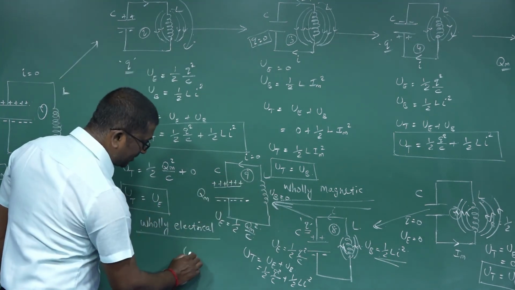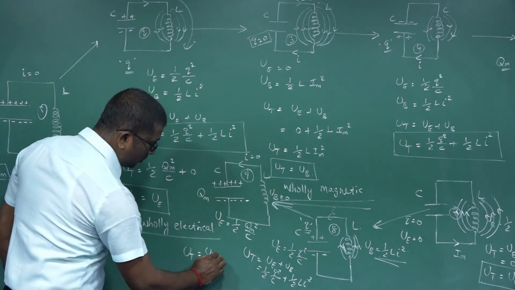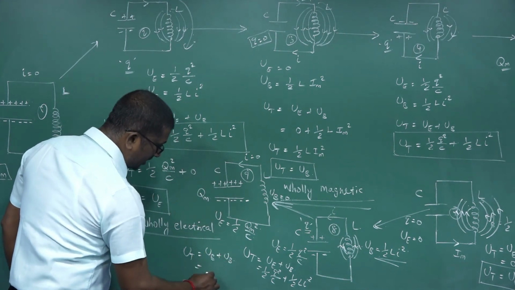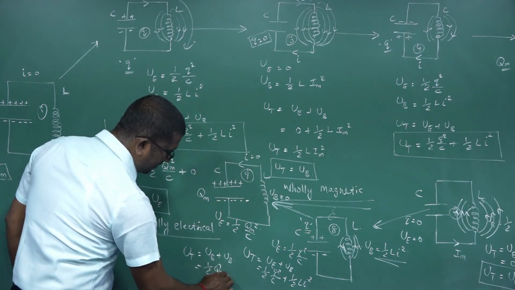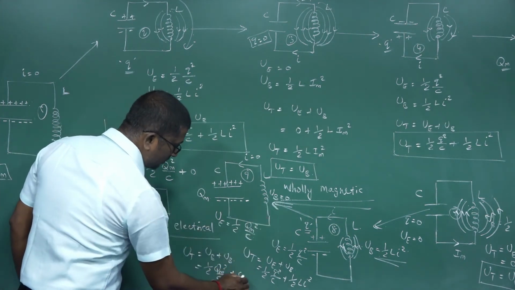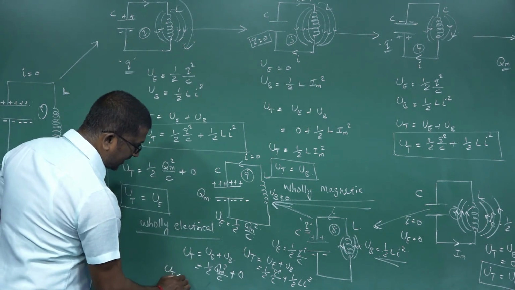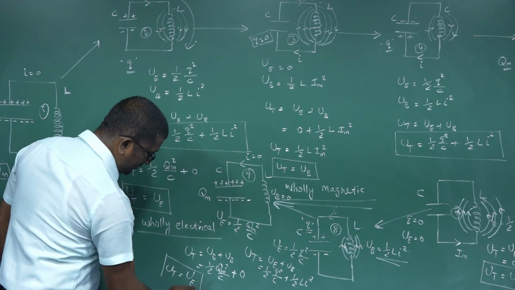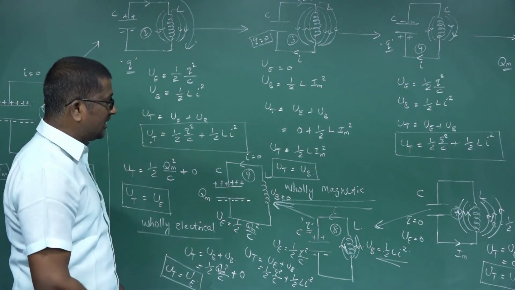Now the total energy of the system Ut is equal to UE plus UB, and UE is half Qm square divided by C plus UB value is 0. Now the total energy of the system is completely electrical.